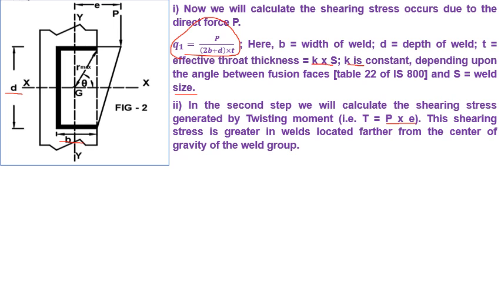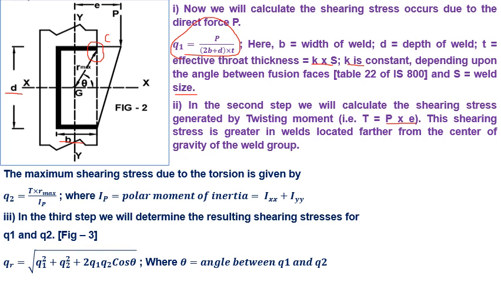This shearing stress due to torsion will be larger at this point, say point C, because it is farthest from the CG of the weld group. The maximum shearing stress due to torsion is given by Q2 equals torsion multiplied by R maximum upon polar moment of inertia IP, where polar moment of inertia is given as Ixx plus Iyy.